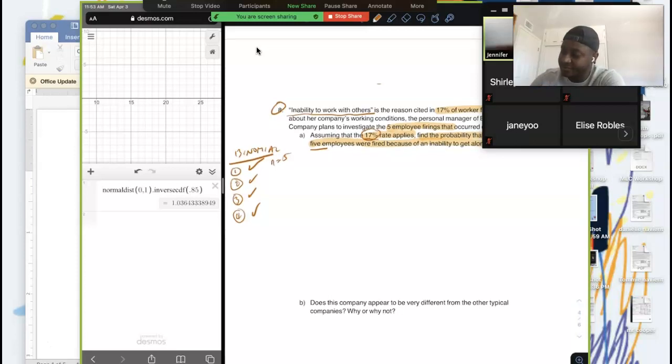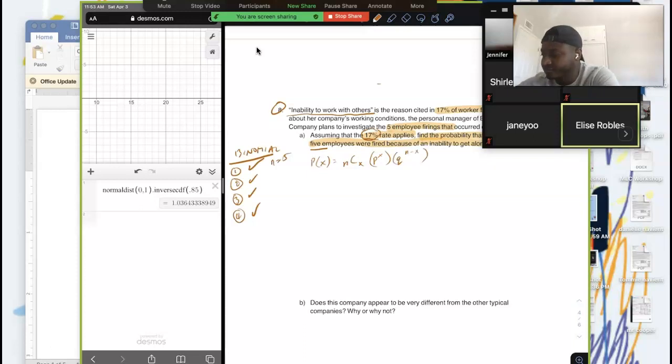Okay. So now we can use our binomial rule, which was the probability of x is going to be n choose x, p to the x, and then q to the n minus x. So that would be the formula we would use for that. So I'm going to show you guys both ways.